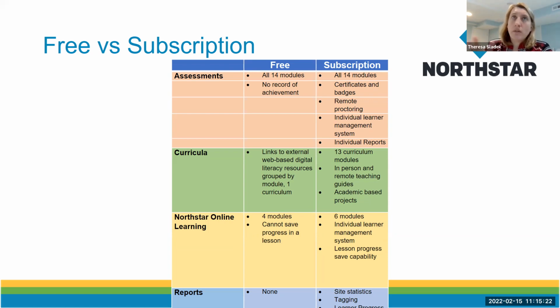I guess I didn't say this, but Northstar is written at an intermediate English language learner level, kind of grade 4 reading level. That's not to say you can't use it with people who read at a lower English level. Many organizations do. Sometimes what those organizations will do is take the self-directed online learning, those practice lessons, and do it as a class together.